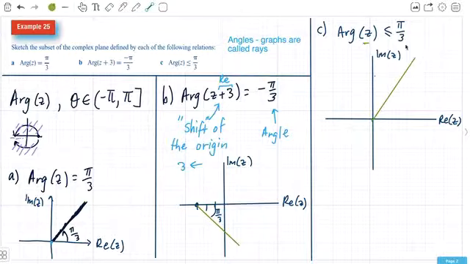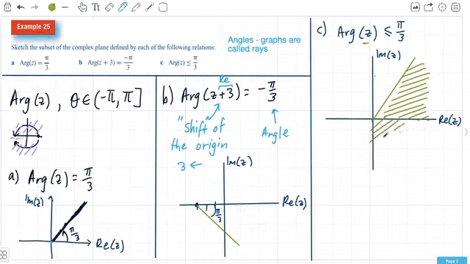Now we want all the angles that are less than or equal to pi on 3. Now angles that are less than would be in this direction, because any angles this way would be greater than. So we don't need the ones on this side, we only need the ones on this side. And to show that, we literally shade this region in.